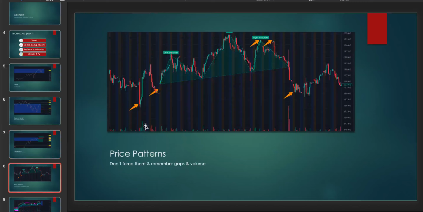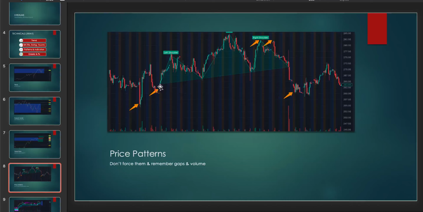Now you move on to the price chart to try to find price patterns. Price patterns can be as sophisticated as a head and shoulders, for example, as you can see here, which ended up heading a little bit lower, or as simple as price gaps, which are also important.